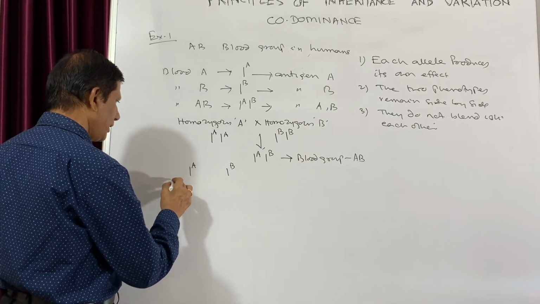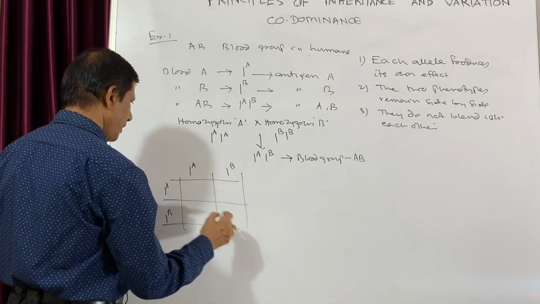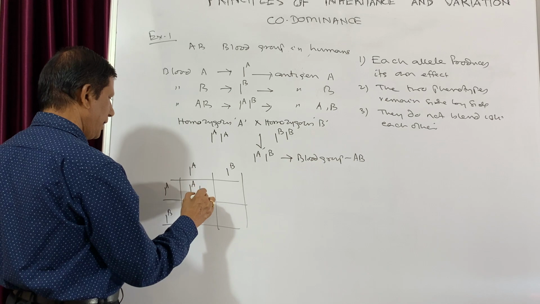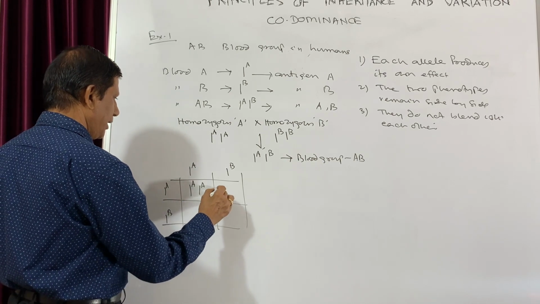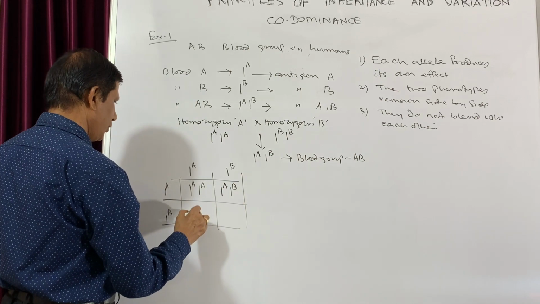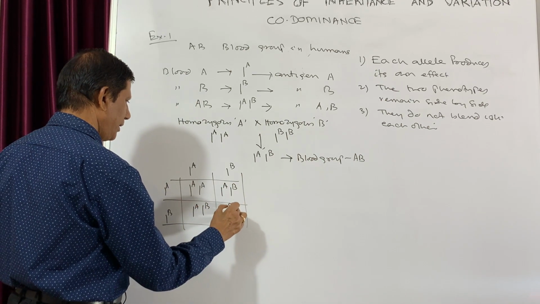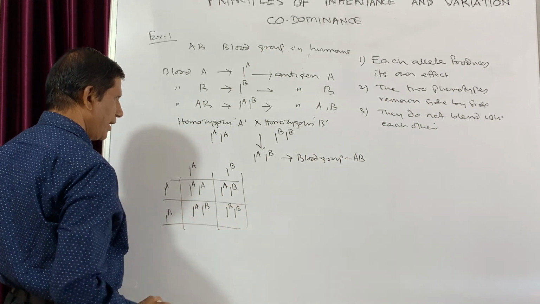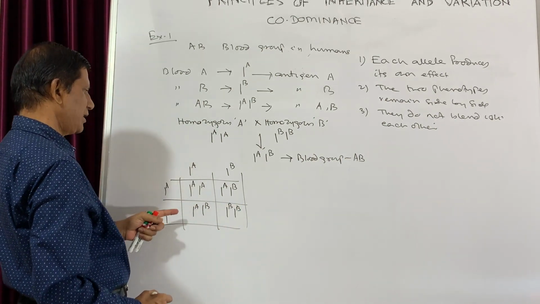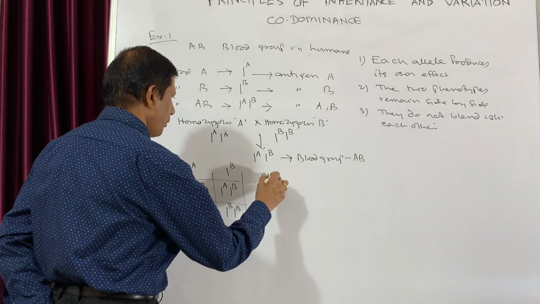One side is the male and the other side is the female. So the offspring will be IA IA, IA IB, IA IB, and IB IB. In this case, what is the blood group?